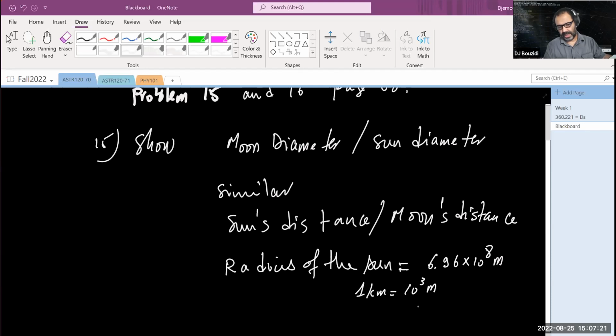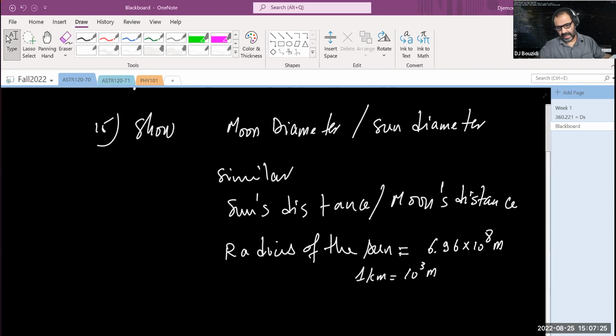So instead of 10 to the power 8 meters, I can put 10 to the power 5 kilometers, because a kilometer is 1,000 meters, so I divide by 10 to the 3 to convert. It's 696,000 kilometers, roughly 700,000 kilometers.